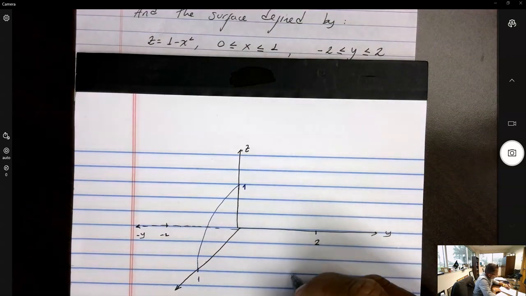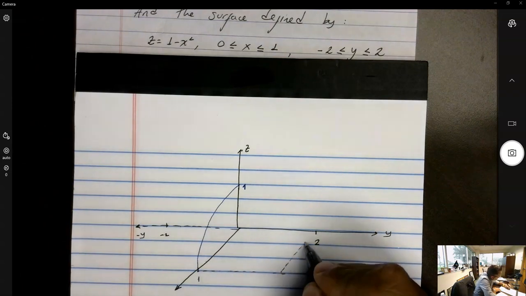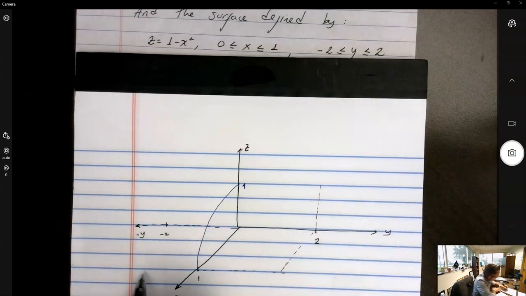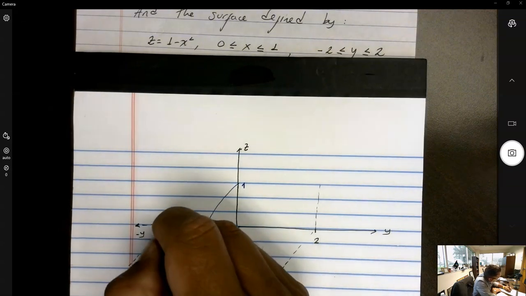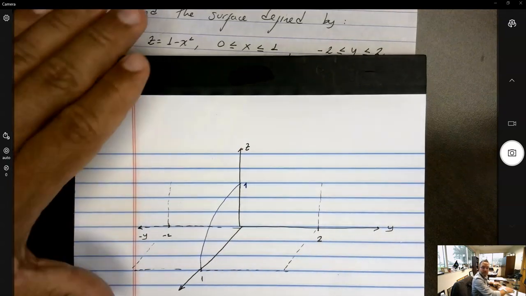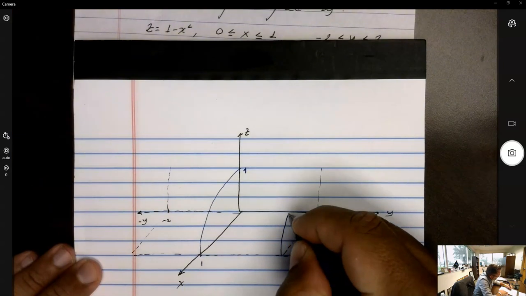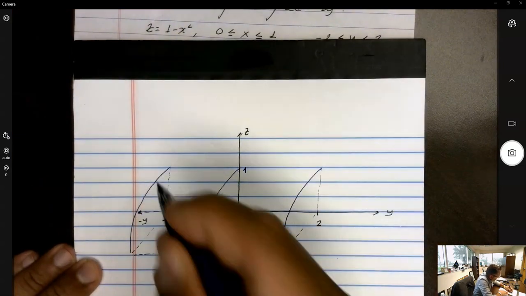And let's do this here and parallel this. And let's do this here. So that same surface goes like this, and it also goes like this.